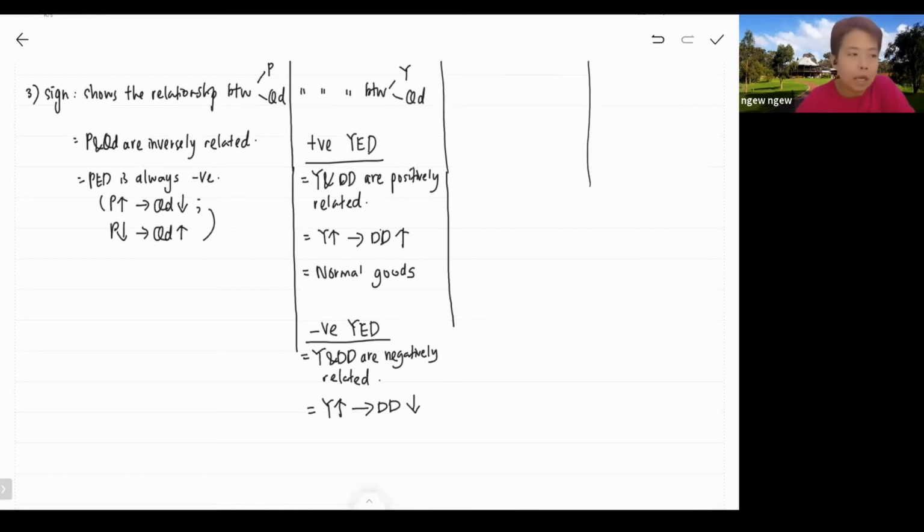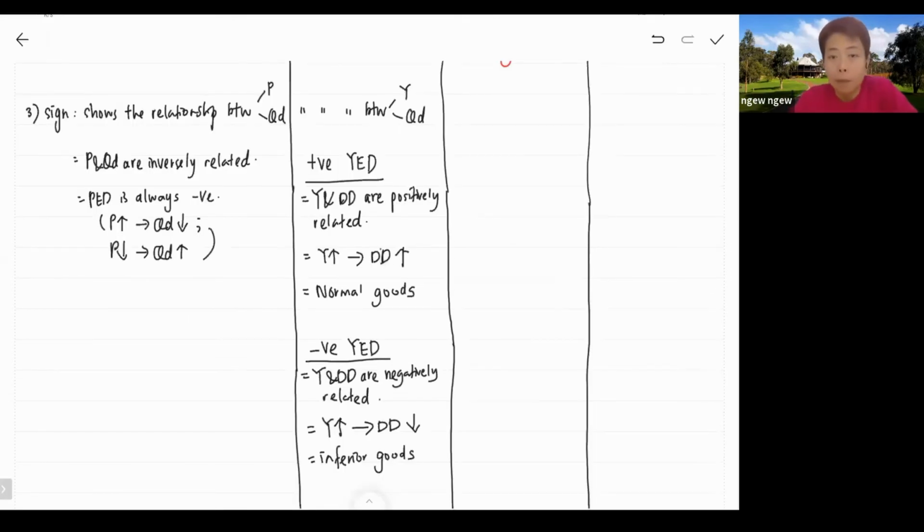When you have higher income, you can afford better quality stuff, so you will demand less inferior goods. Likewise, when your income falls, you'll be buying more inferior goods because you can't afford better quality stuff. So that is the sign of YED.